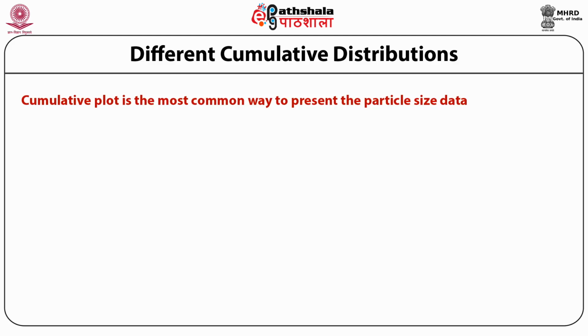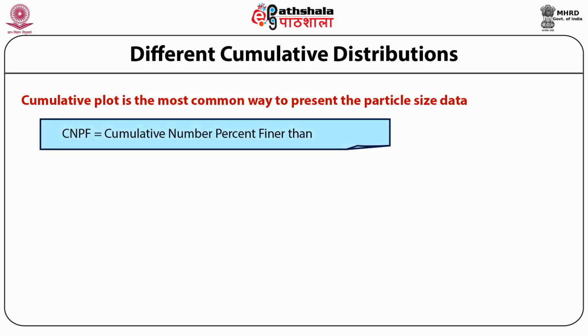If the ordinate of this plot is multiplied by 100, it becomes a cumulative percent. This plot gives the fraction or percentage of particles finer than a given size and is called CNPF, where CNPF stands for cumulative number percent finer than.